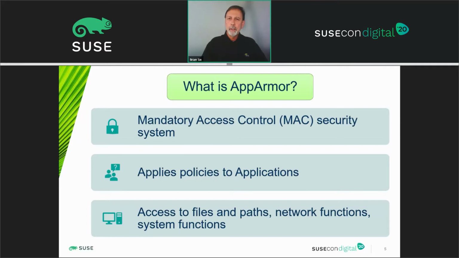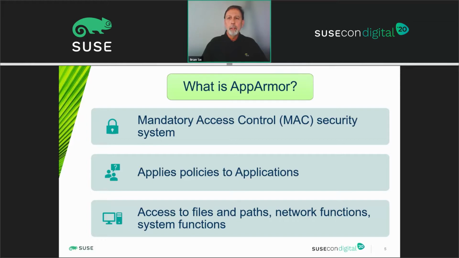Now, AppArmor is considered a mandatory access control system, and it provides a profile for every application that determines, as we see here, what files that application can access, what paths on the file system or network it might have access to. It can even control what network functions and system functions the application can interact with.